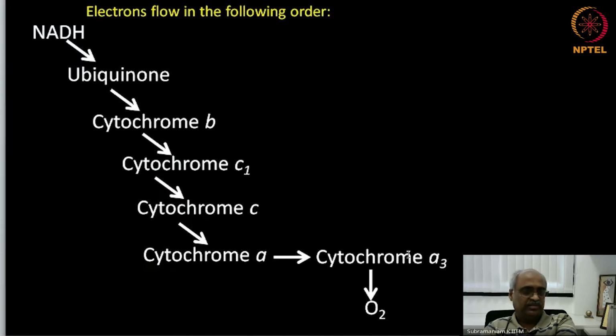One of them is simply comparing the reduction potentials. The electron flows from the lower reduction potential carrier to the higher reduction potential. So purely by knowing the reduction potential of them, this series was predicted. And then the second was an experiment where you allow the electron transfer to happen so that all the electron carriers get reduced, but then oxygen is not provided.